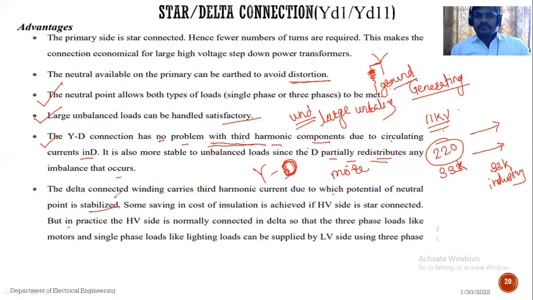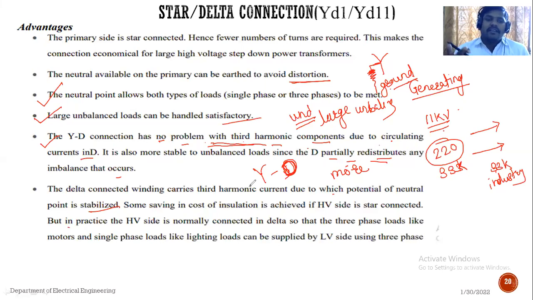So the secondary winding is connected in delta. When it is connected in delta, the delta connected winding will carry the third harmonic current, and due to that third harmonic current, the potential of the neutral point is stabilized. That means the neutral point in the star, its potential will become stable, that is stabilized.